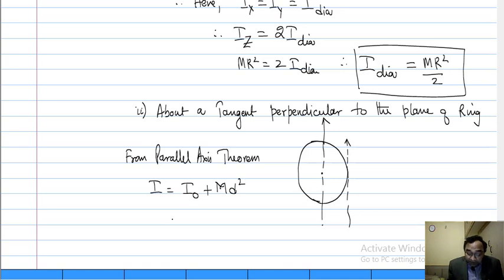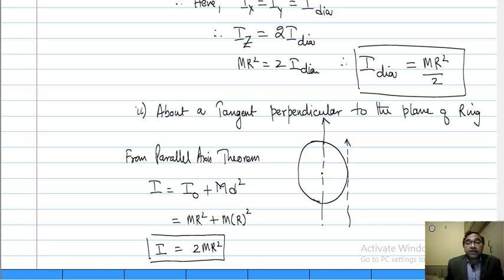Here the moment of inertia about the central axis for a ring is M r square, plus M times the distance between them, which is also r. So that is 2 M r square. This is the moment of inertia about the given tangent, which is perpendicular to the plane of the ring. So we have to visualize how exactly the axes are oriented. Then only the application of these theorems becomes very easy.